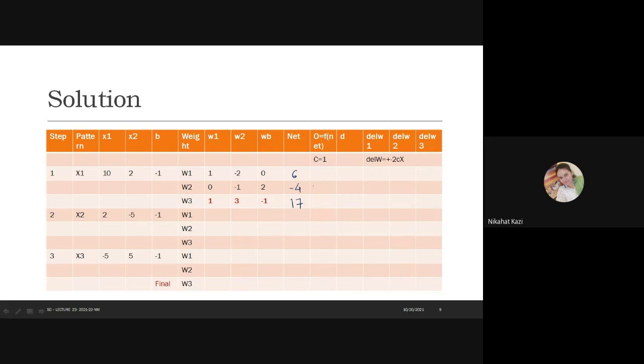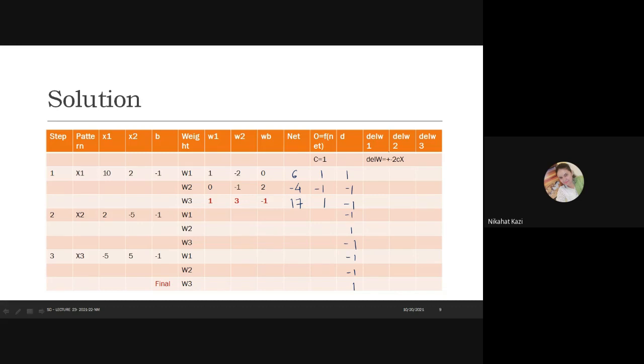Just thresholding: if it is greater than or equal to 0, it is +1. This is the output. And I'm assuming that I have used these as the desired outputs: 1, -1, -1; -1, 1, -1; and -1, -1, 1. Okay. So now D is there with us, O is there with us.